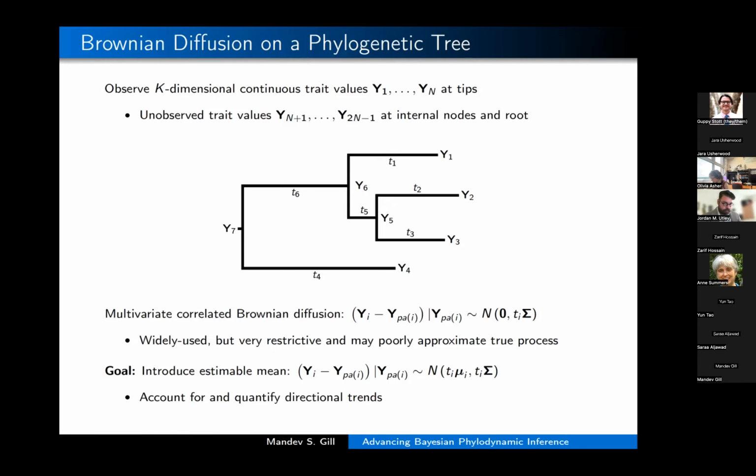What we'd like to do is relax this restriction by introducing an estimable mean term that can account for and quantify directional trends. In particular, we want the displacement mean to be equal to a branch-specific trend vector called mu_i multiplied by the branch length, t_i.